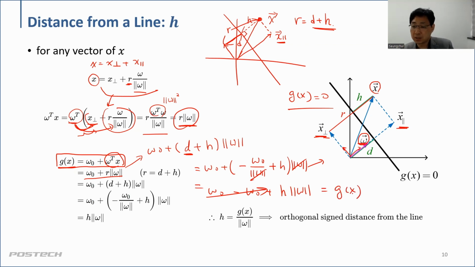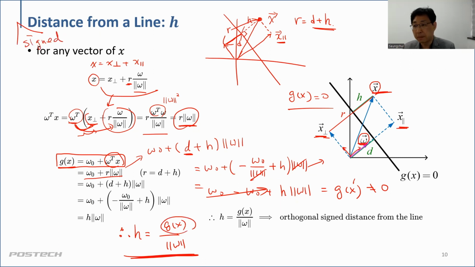I mean, g of x is not equal to zero because x doesn't have to be on top of the line. It can be any point. So h, the distance from the line, is g of x divided by the norm of omega. That's the thing that we want to compute eventually. And also, it's signed.